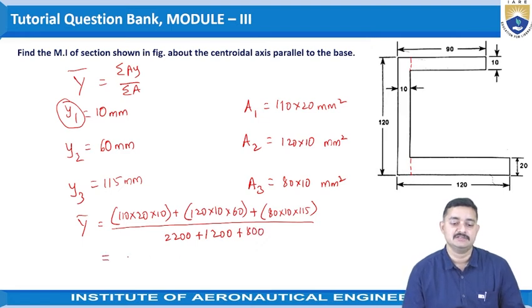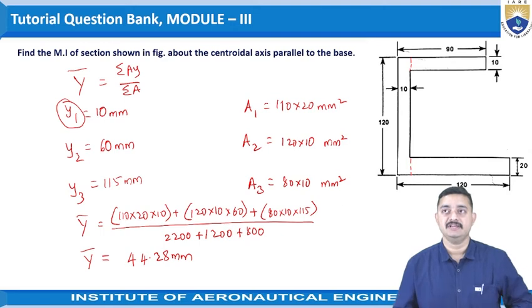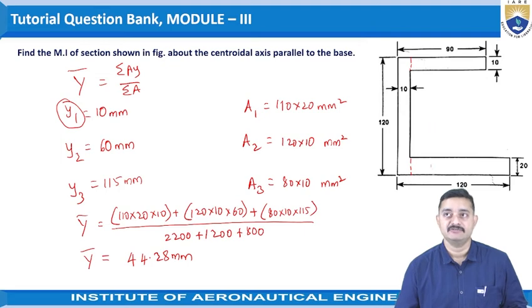So when you solve this, you will get the value of y bar as 44.28 mm. So in this way, we have obtained the value of y coordinate of the centroid. That means from the base, the centroid is lying at a distance of 44.28 mm.